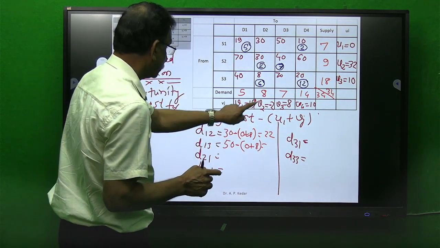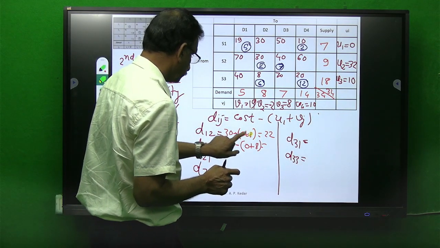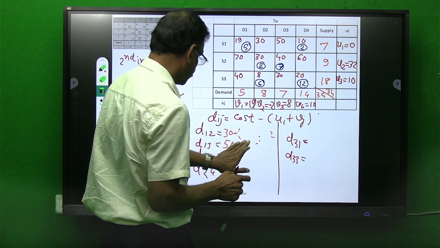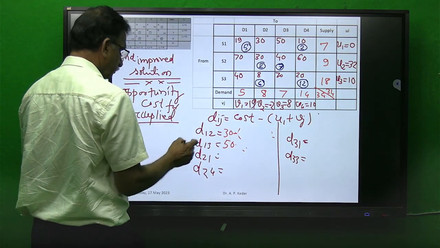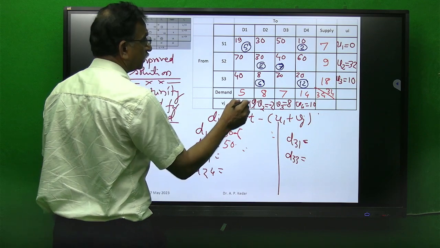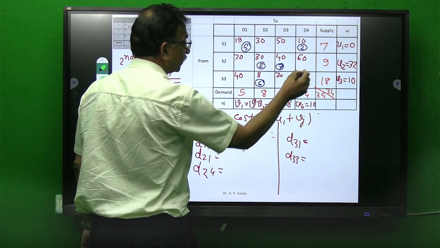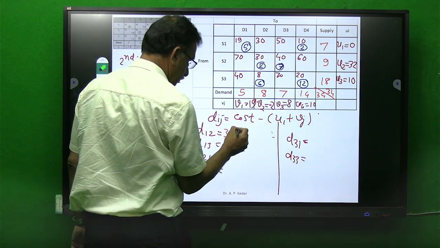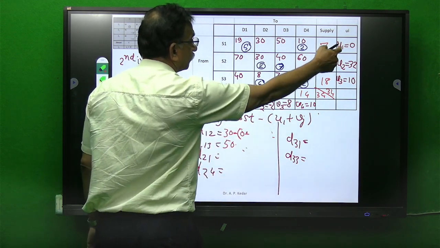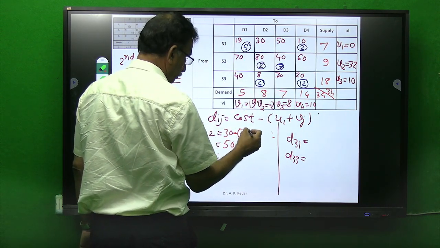It is not 8, this is the wrong value. So 30 minus u, which is 0, plus, for this 30, it is minus 2.